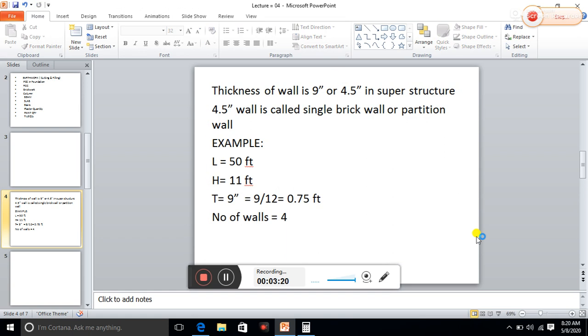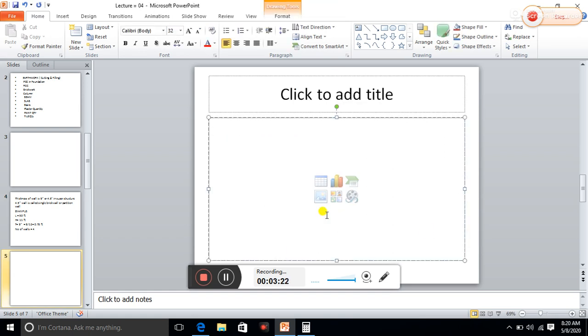So the ratio in superstructure is generally 1:5. Now we have the formula: number of walls multiplied by length multiplied by height multiplied by thickness is equal to quantity, or volume.